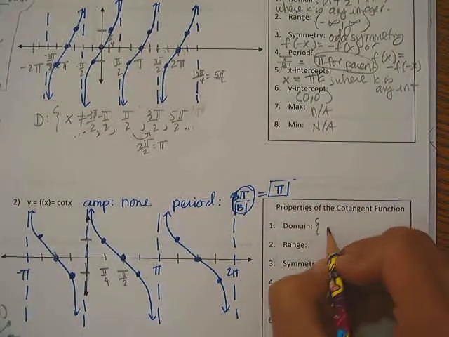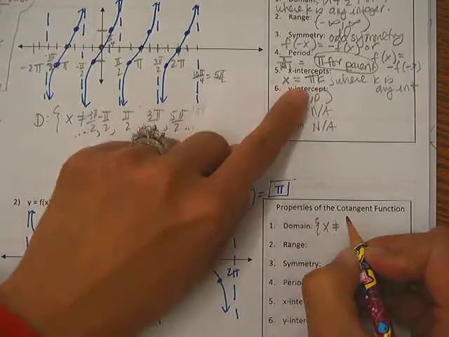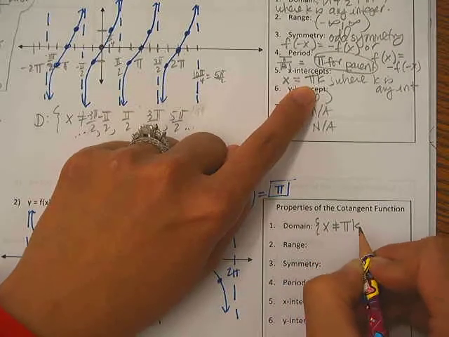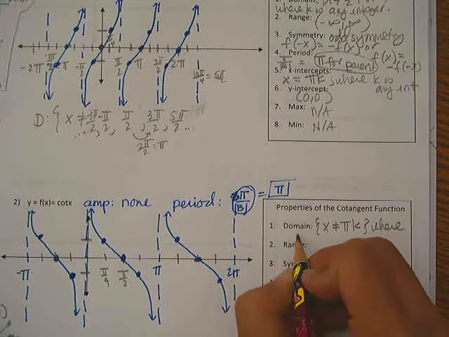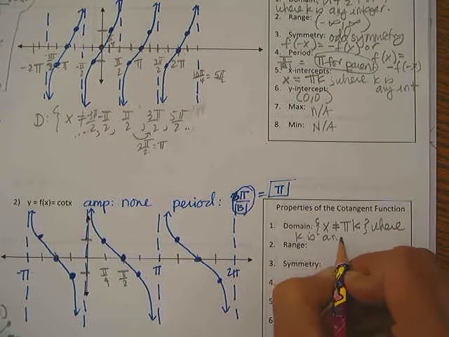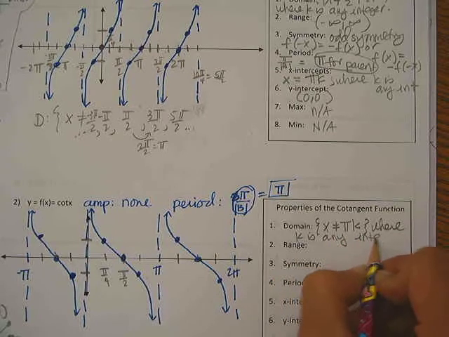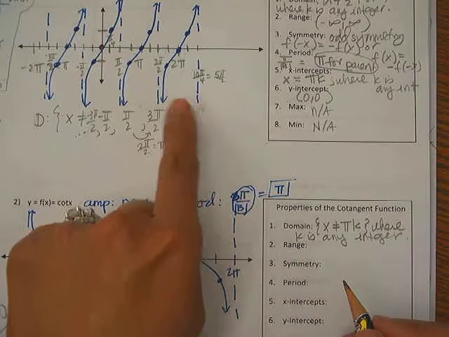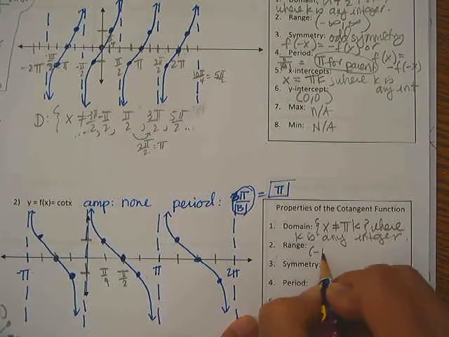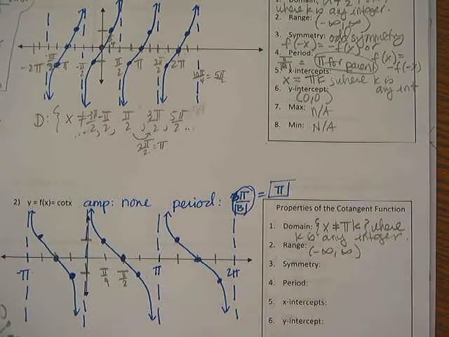So the domain is going to be all reals, excluding the same equation as the x-intercept on the tangent, where k is any integer. The range, very similar to the tangent, is going to be negative infinity to infinity.